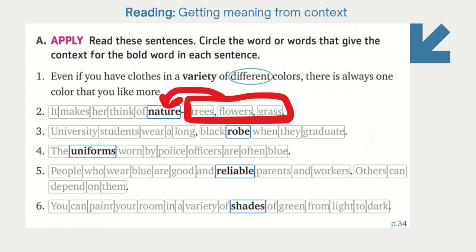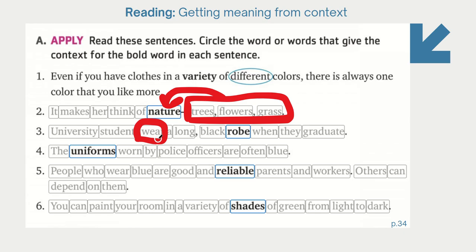Next one, number 3. University students wear a long black robe when they graduate. So, which context can you guess from? University students, wear what?